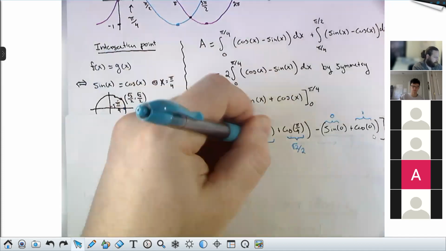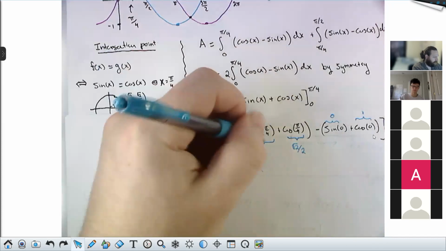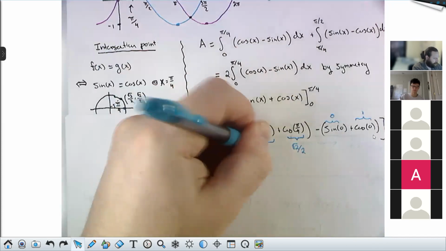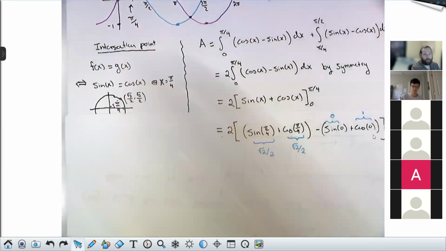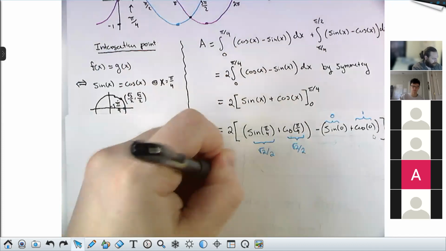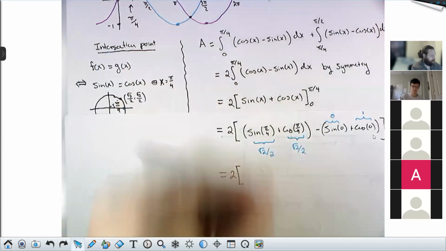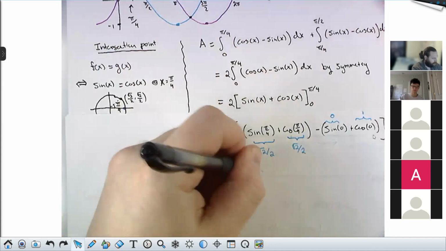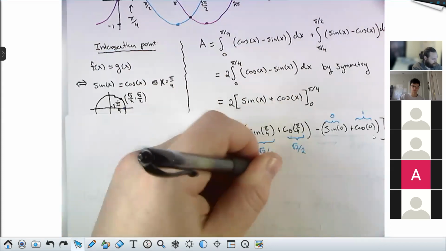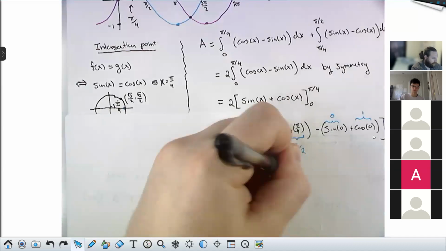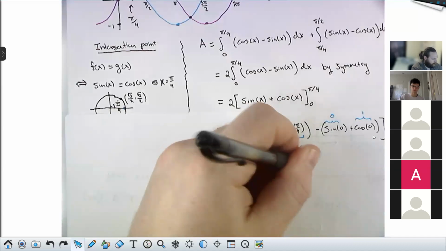And we argued a minute ago that pi/4 is the place where sine and cosine are equal. So the sine of pi/4 is also √2/2. So altogether, what do I get here? I have my 2 out front from the symmetry argument. I have √2/2 plus √2/2 minus 0 plus 1.